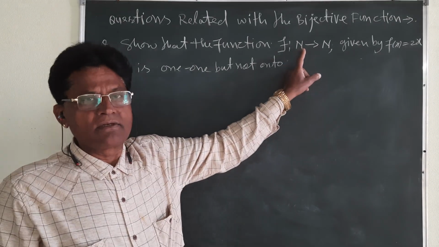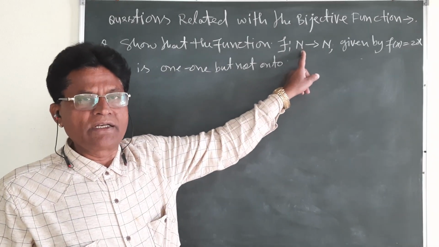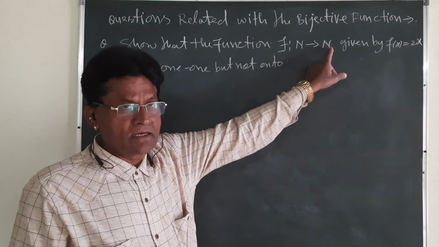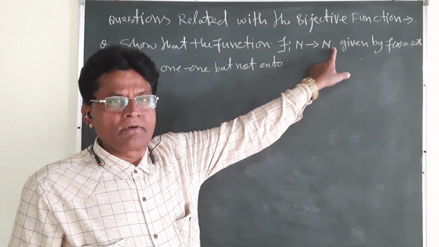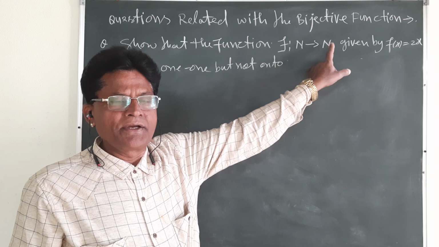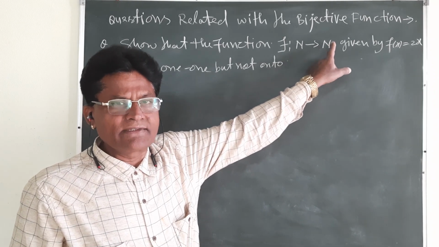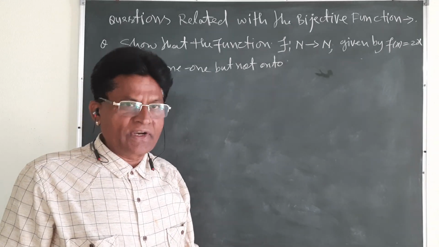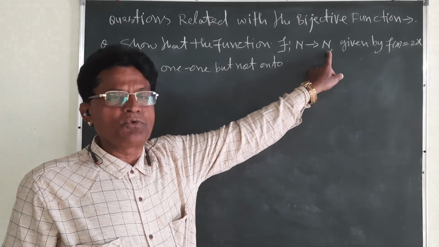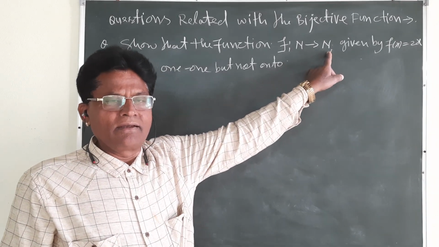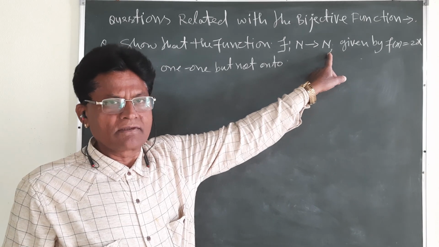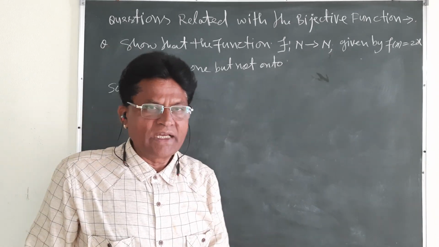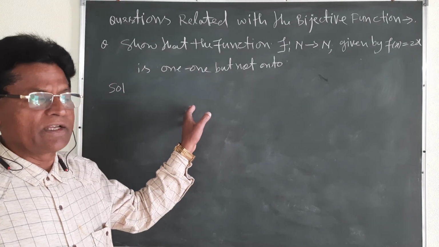Each and every element belonging to N will come under domain. Each and every element of this N on the right side related with the function comes in codomain as well as range. If the range of the function is equal to Y, then it will be the onto function. That I discussed in the previous video. I do hope that all of you will try to understand.